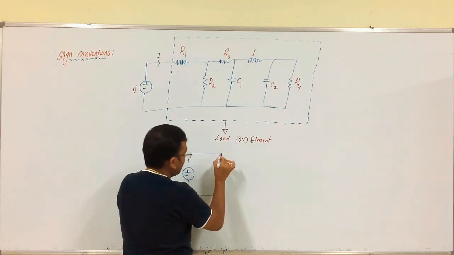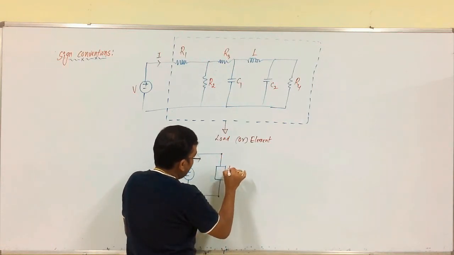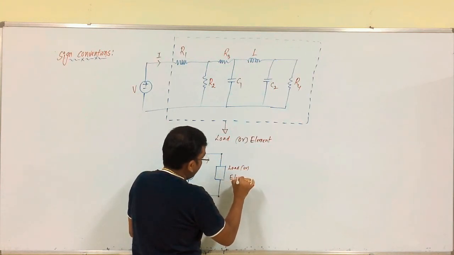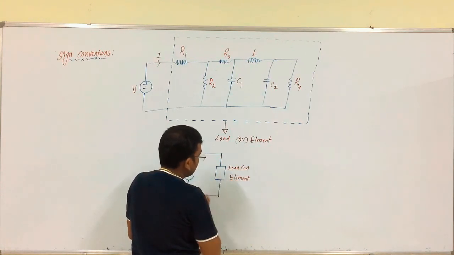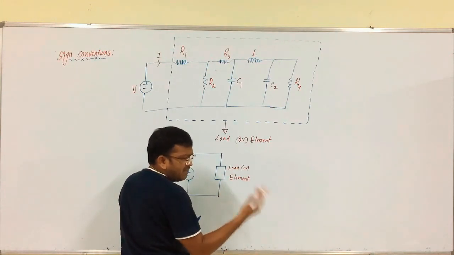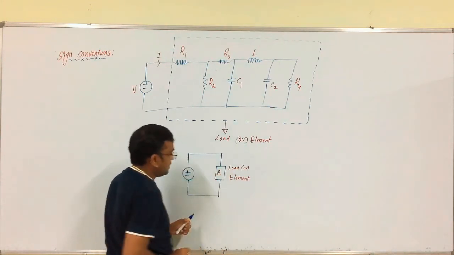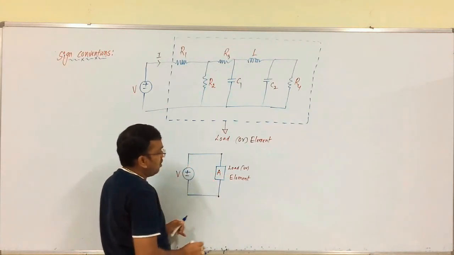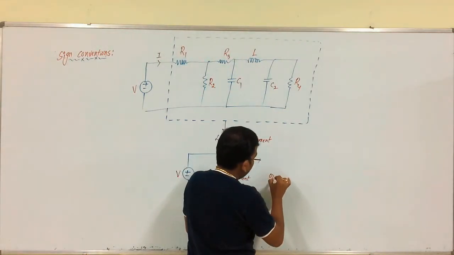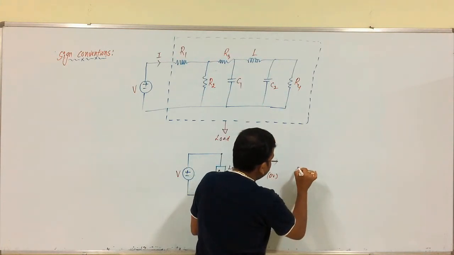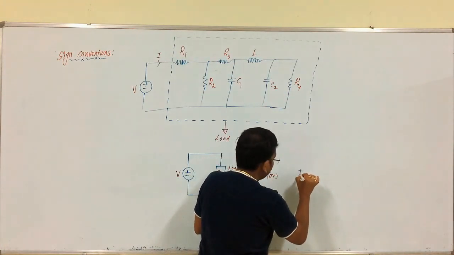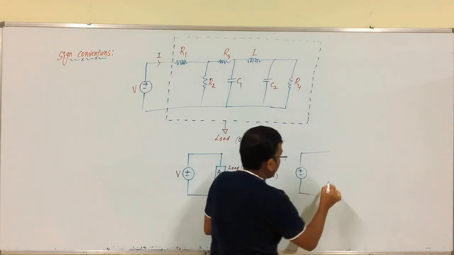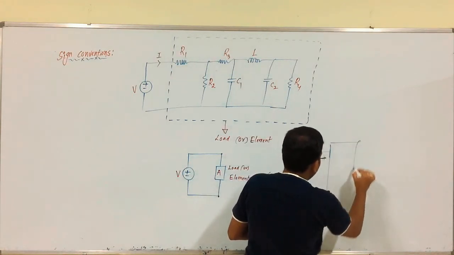So this is nothing but a load or element, whether the element is X, Y, Z or A, B, C, D. For example, if we consider A, this is the supply voltage, or you can take it like this also.